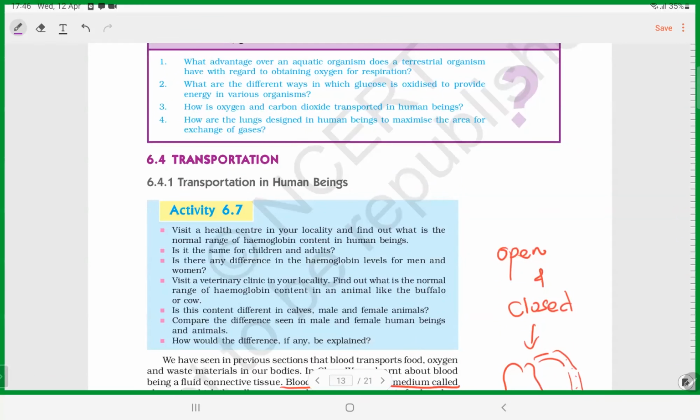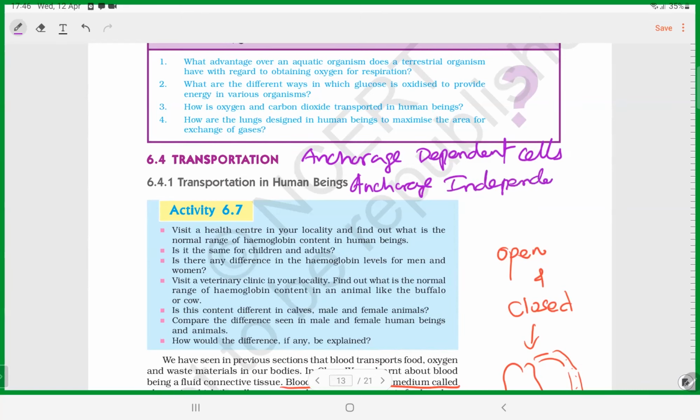Anchorage dependent cells. What are called anchorage dependent cells? Anchorage dependent cells, anchorage independent cells.